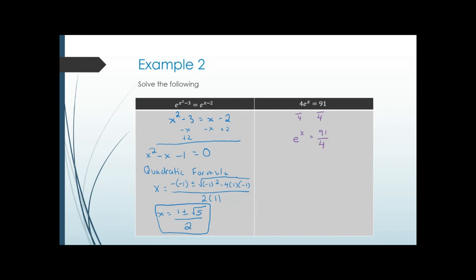Now, if your base is e, then we use the natural log. So the natural log, that is log base e, which we write as ln. That is not a 1, it is an L. It stands for log, logarithm natural.